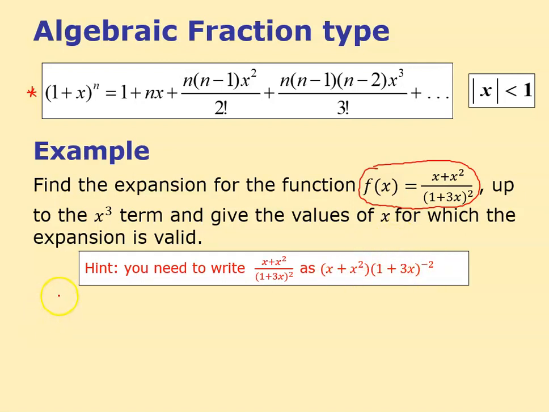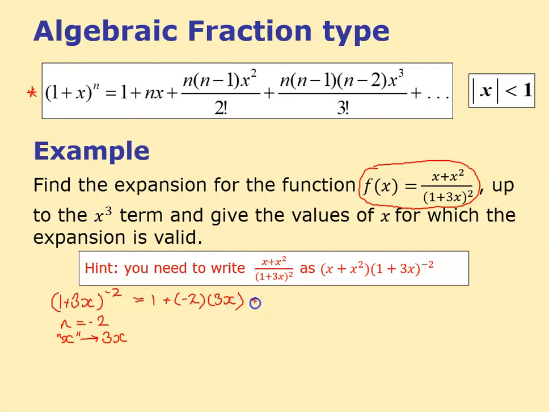So I suppose the first thing I need to do is to work out (1 plus 3x) to the minus 2. And as I've done previously, I just highlight that my n equals minus 2 in this expression, and my x can be thought of as being 3x. So if I put all that into my formula, I get 1 plus my nx, 1 plus my minus 2 lots of 3x.